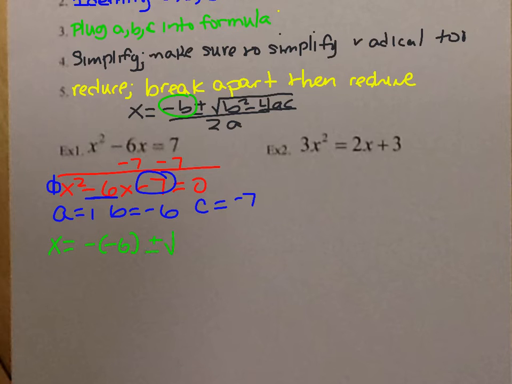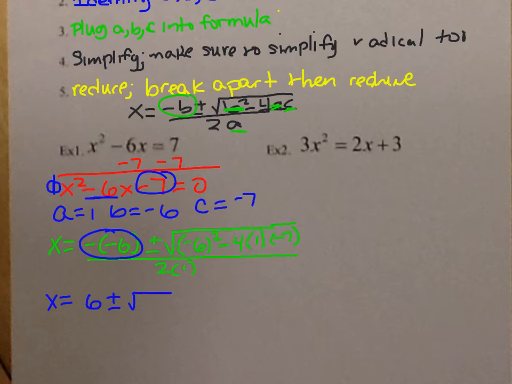Plus minus square root, parentheses negative 6 squared, because it says b squared, minus 4 times a, which is 1, times c, which is negative 7. Watch the signs. Make sure that radical goes over that 7. Over 2 times your a, which is 1. All right, so now we have x equals, this negative 6 becomes positive 6, plus minus.